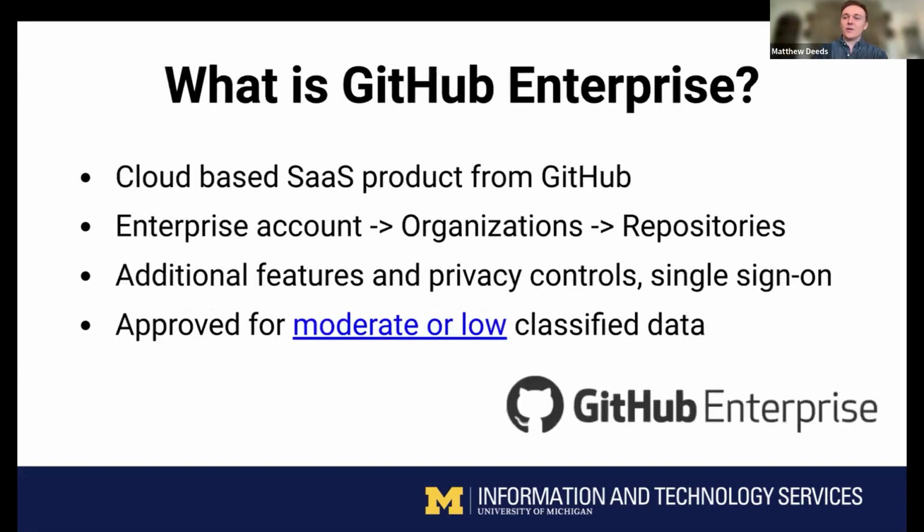And then what exactly is GitHub Enterprise? It's just a cloud-based SaaS product from GitHub that allows the University of Michigan to host and manage organizations from all over the university, and they exist under one unified structure that takes advantage of the same features and shared resources.